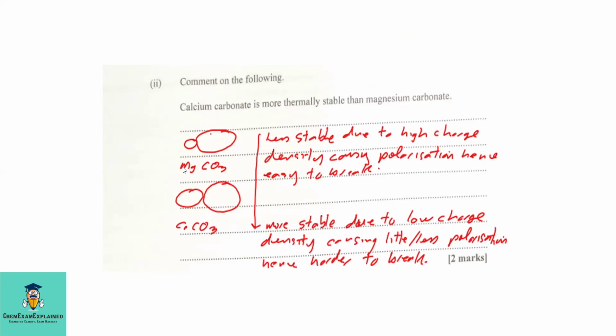So when you have a small, highly charged element with a large anion, then what you'll have is distortion or polarization, because the 2+ will be attracting the anion, giving it a distorted shape, making it easier to break. When you compare that with calcium, which is larger than magnesium, the sizes of the calcium 2+ ion and the carbonate 2- ion are comparable. So less distortion or less polarization, hence making it more stable and harder to break.